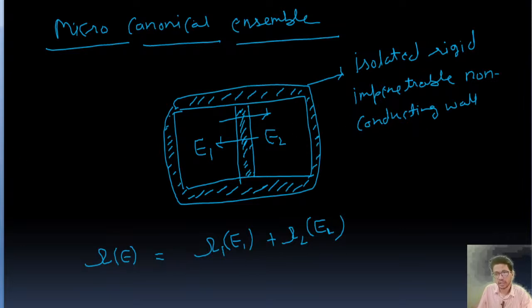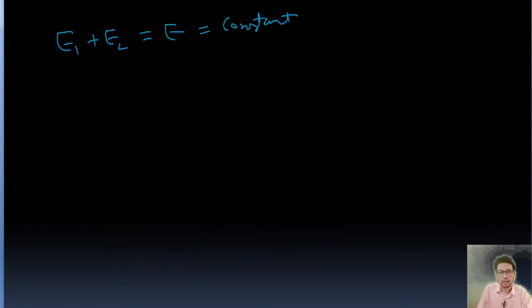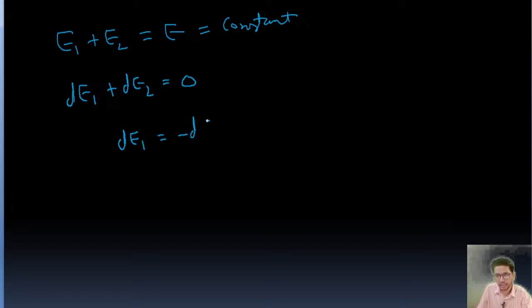So E1 plus E2 equal to the total energy E, and that is going to be constant, because these walls are isolated, rigid, impenetrable, non-conducting. Now we can differentiate it. So dE1 plus dE2, and this is constant, so this value is going to be 0. So from here, dE1 is going to be minus dE2.